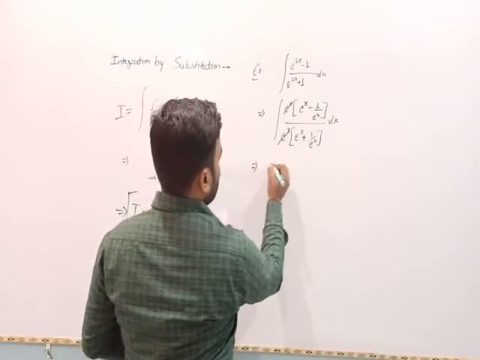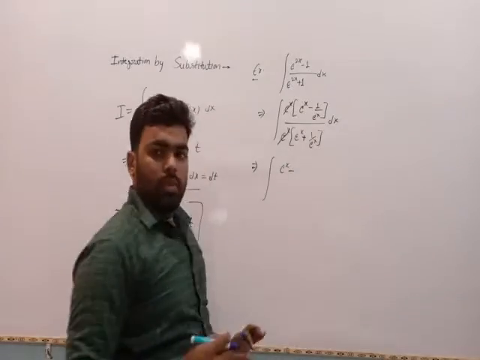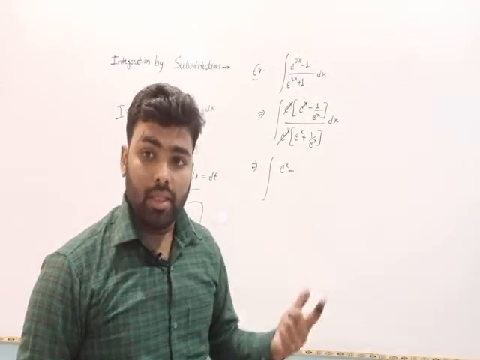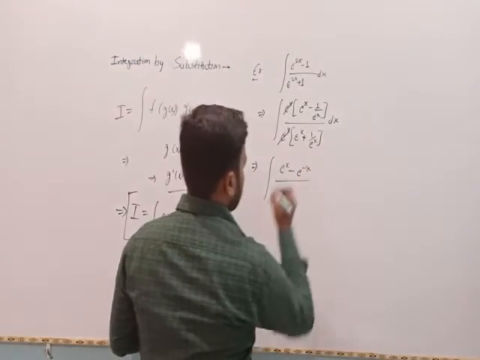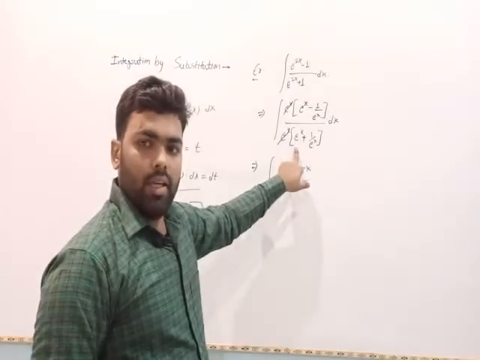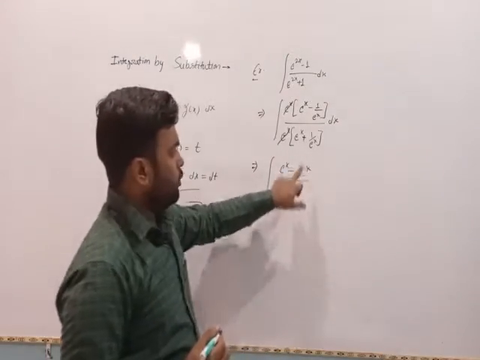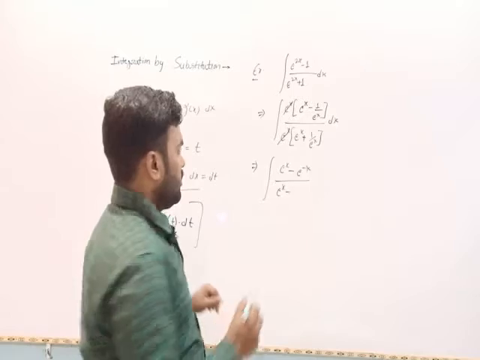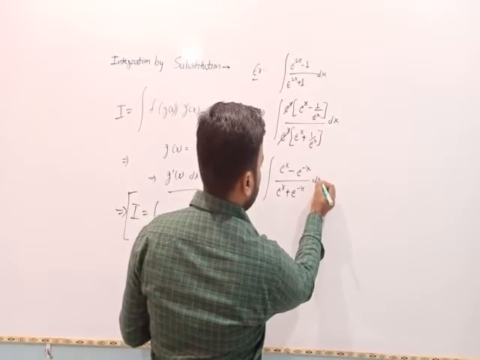So e to the power x minus 1 upon e to the power x will be e to the power minus x. In the denominator we have e to the power x, sorry, plus e to the power minus x, dx.